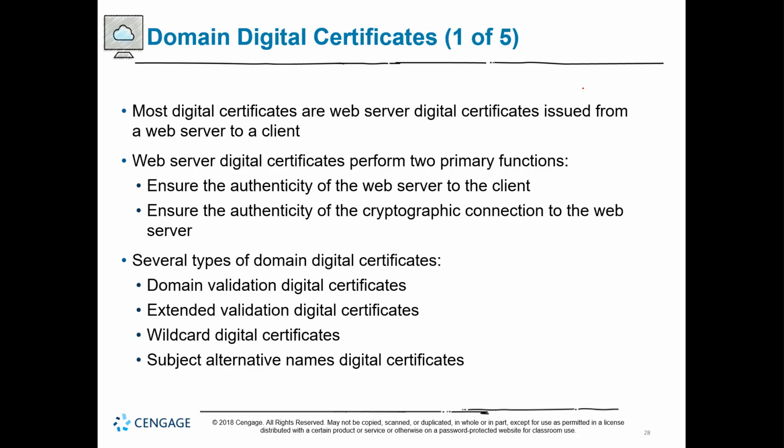There are several types of domain certificates out there: domain validation, extended validation, wildcards, and subject alternative names. If we're dealing with email systems, they mostly deal with SANs, subject alternative names. So I may have three different names for my email server. I can list them as different alternative names on a certificate.